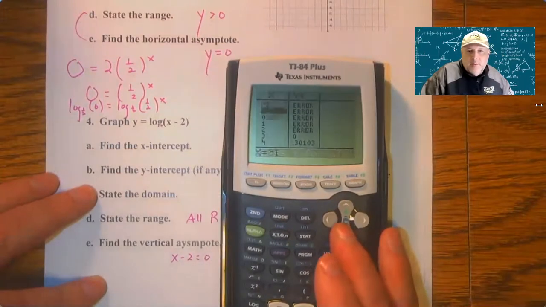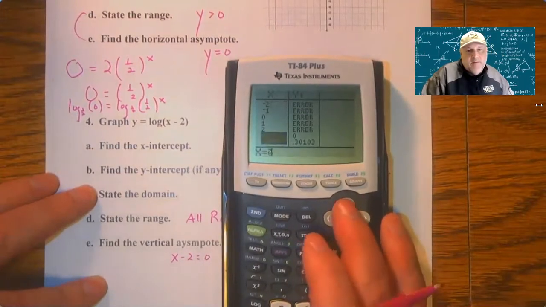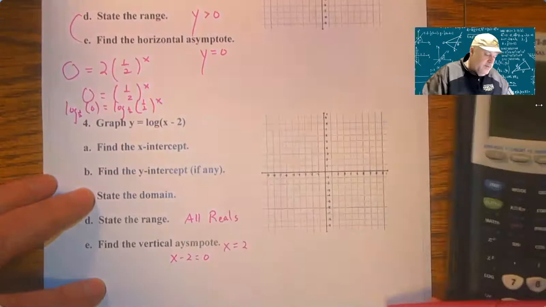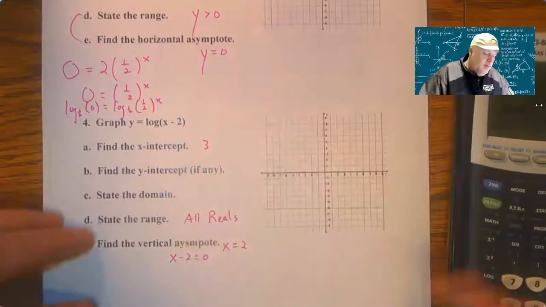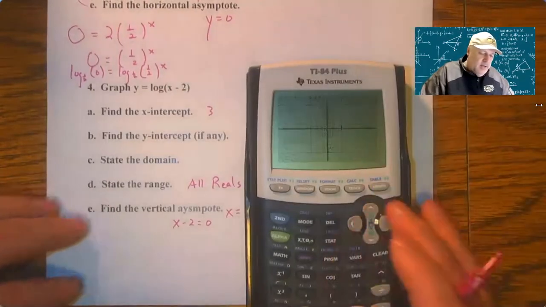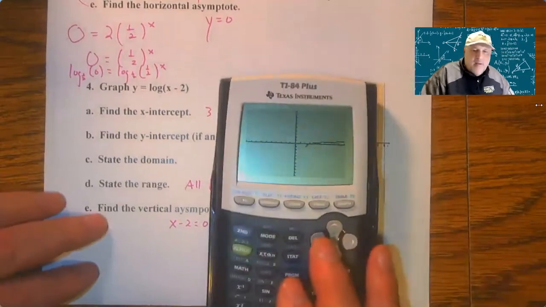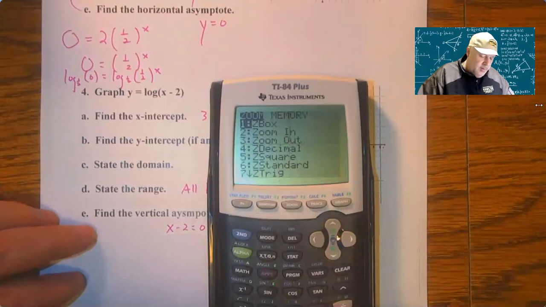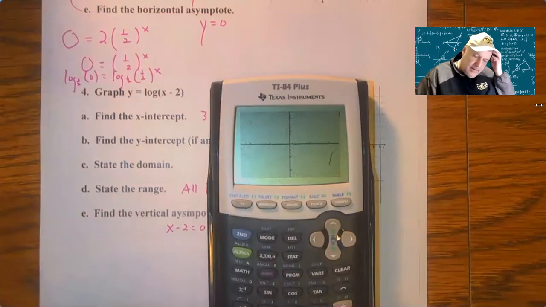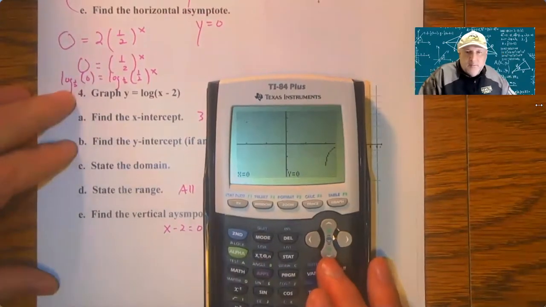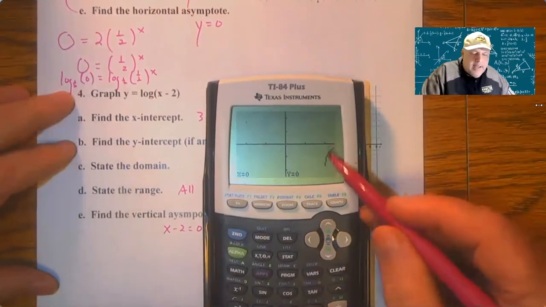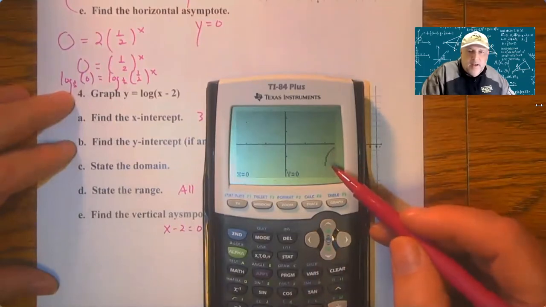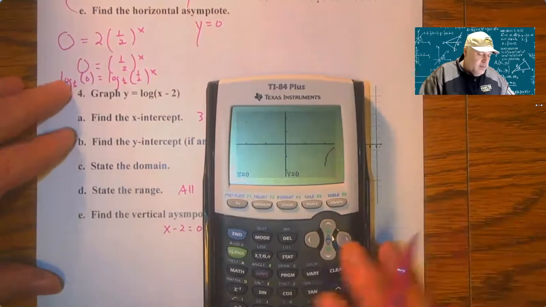So note that we found the x-intercept on the table, 3. And it does not look like we have any y-intercept. So the thing that you have to understand a little bit, I'll zoom in here, is that at x equals 2 is a vertical asymptote.